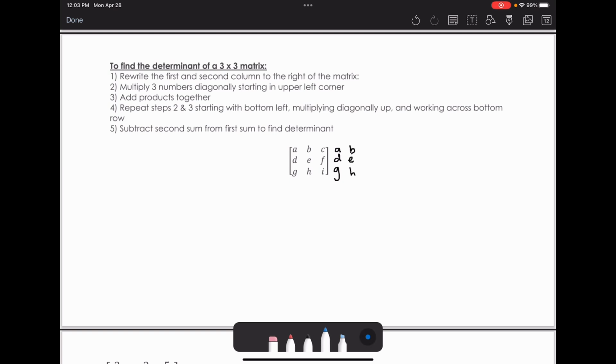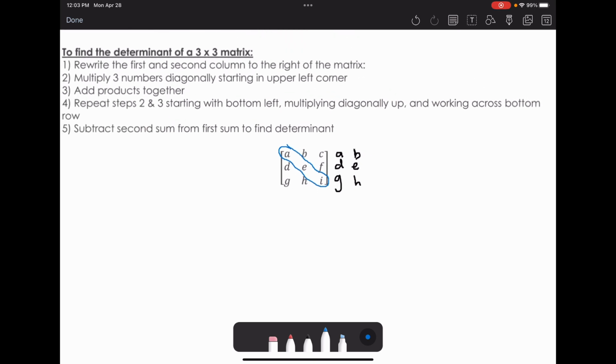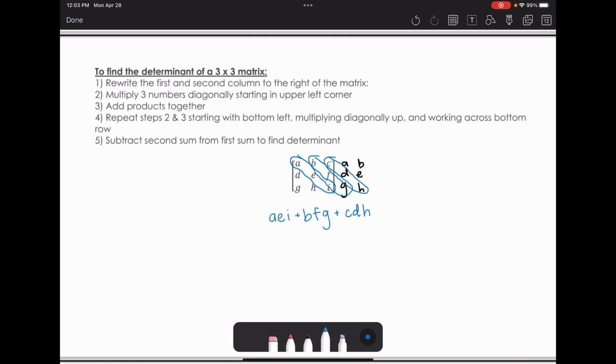Okay, and then we're going to multiply 3 numbers diagonally starting in the upper left corner. So that's A, E, I. And we're going to add that to B, F, G. We're going to add that to C, D, H. Okay, so you add those all together.